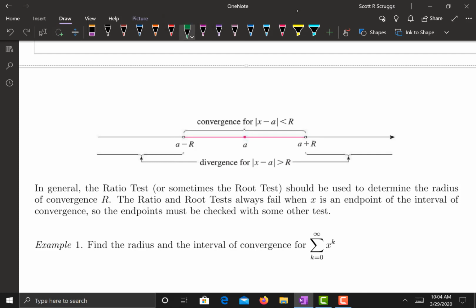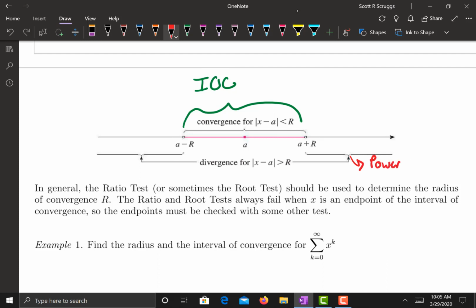Theorem 1 is saying, if I am inside this distance, I am convergent, and then I'm divergent outside. So this part in green is my interval of convergence, which means that I converge when I'm inside this interval, and I diverge when I am outside the interval.